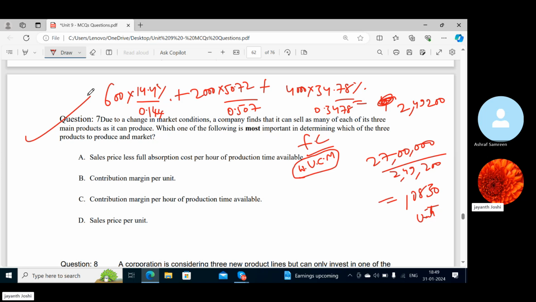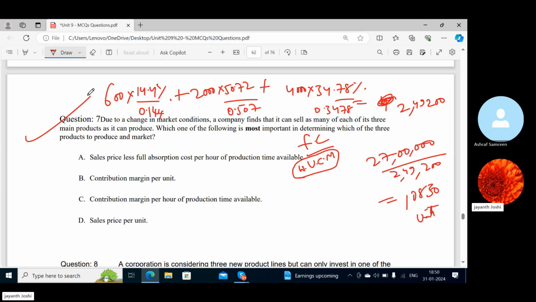What is the full absorption cost here? Variable cost. Yeah, see, absorption costing, what they consider under the product cost, since we are dealing with production, right? They consider raw material, wages, variable cost is definitely there.